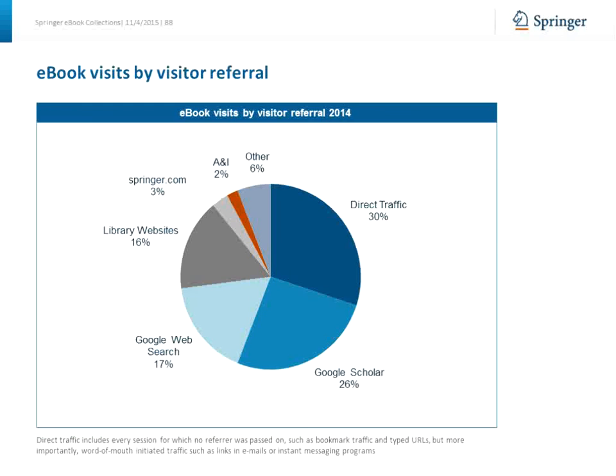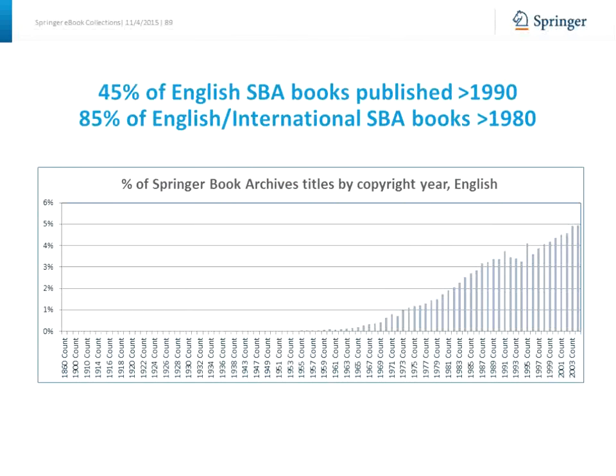Then your library website is also very important, generating 16% of traffic to Springerlink books. And then the rest is other resources, either our catalog website, abstracting and indexing services, or any other links out there on the internet.